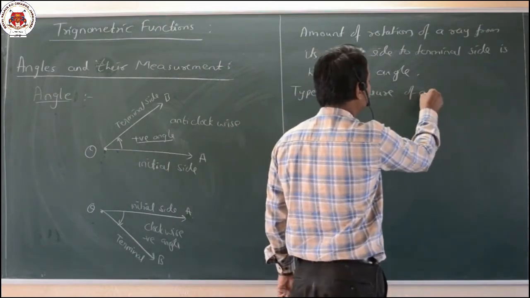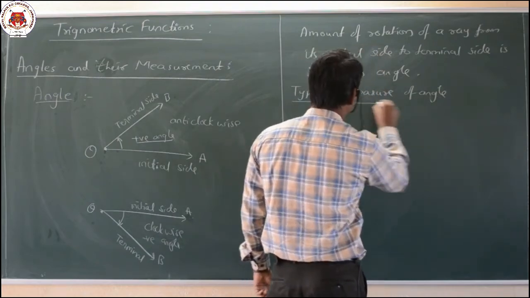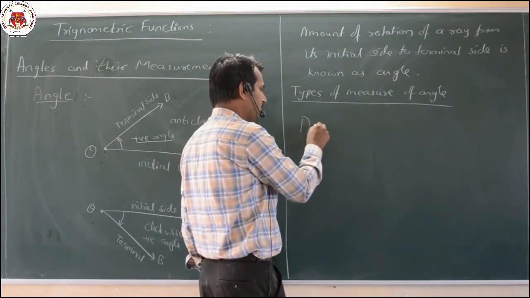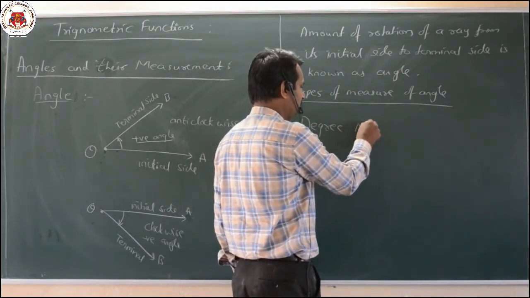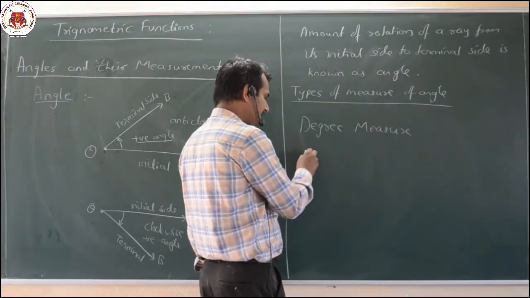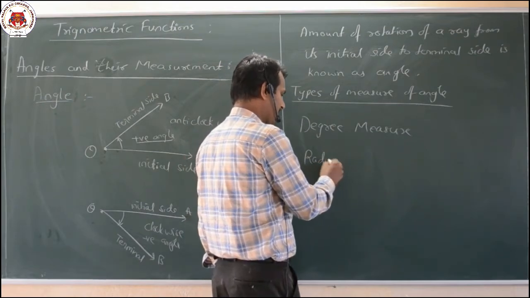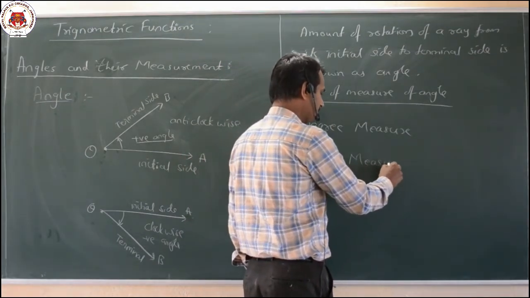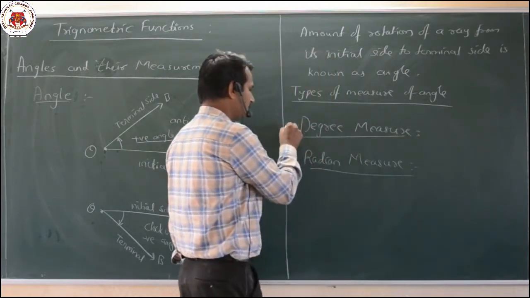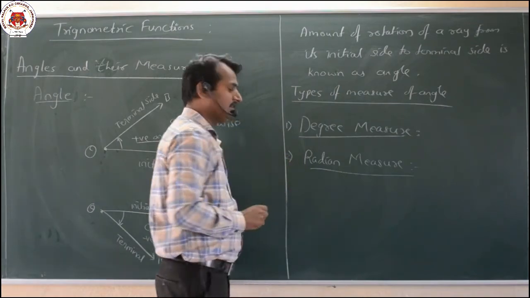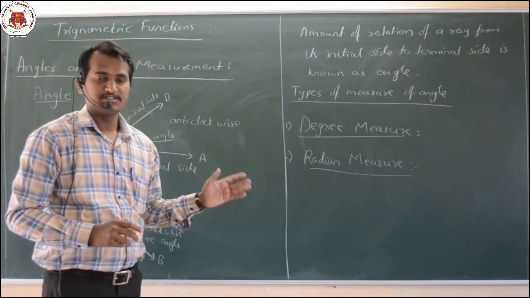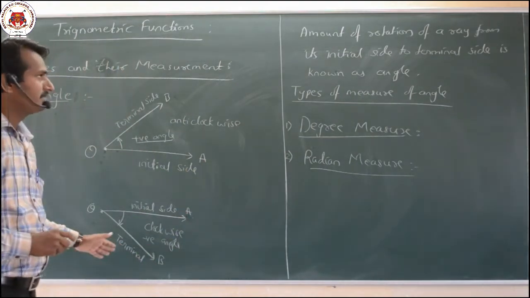The first one is degree measure, and the second one is radian measure. So we shall learn one by one about these two measures, our degree measure and our radian measure. Before going to that, please pause the video.